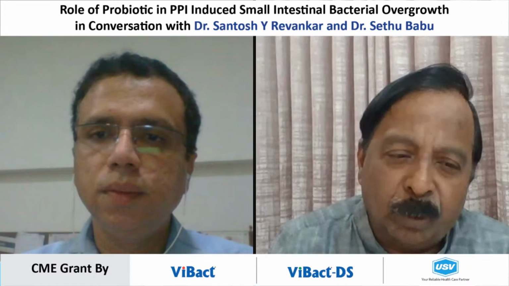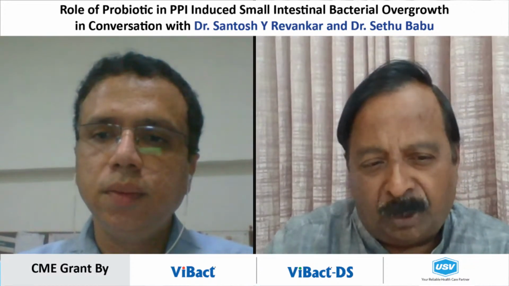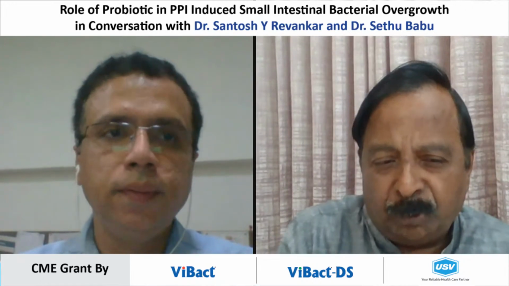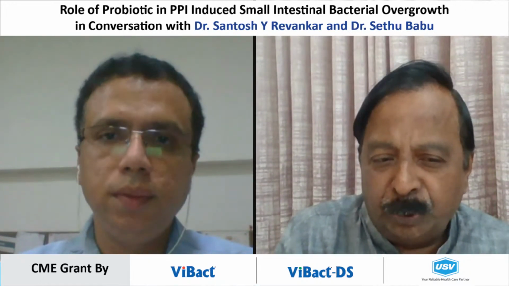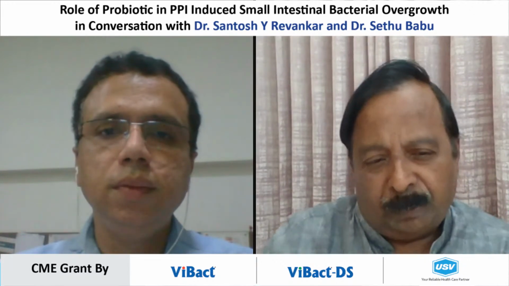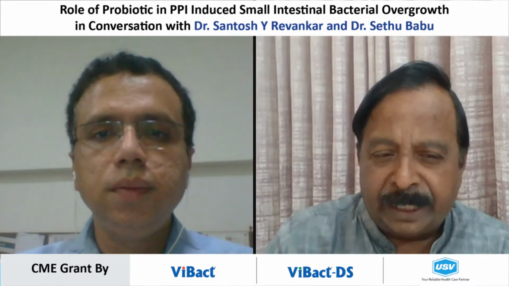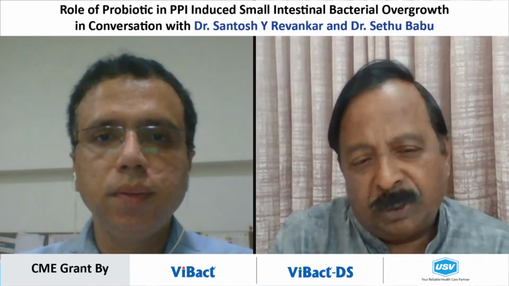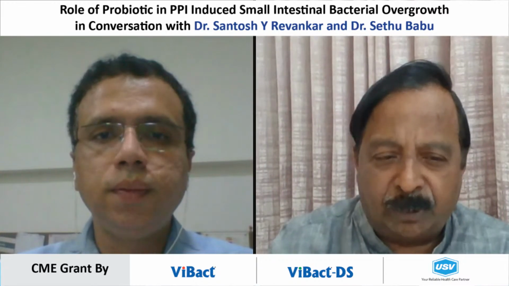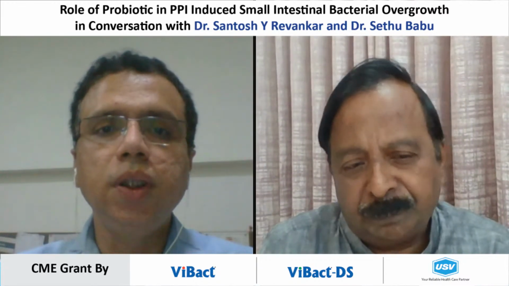So most of the time SIBO is an overlap syndrome with multifaceted presentation, right from dyspepsia to abdominal bloating, gas bloat syndrome, to altered bowel movements, and they can get borborygmi. These are the common symptoms when you start suspecting there could be an underlying SIBO.